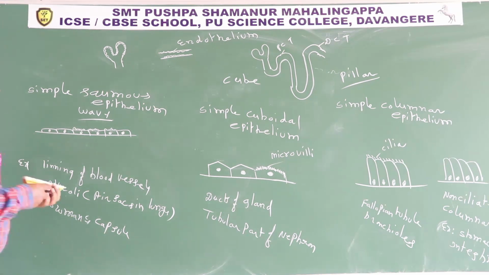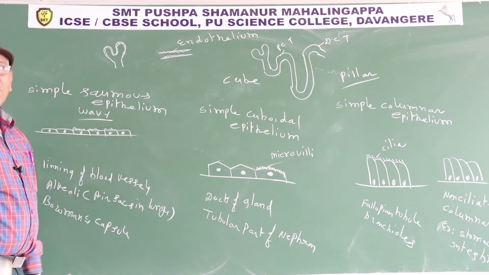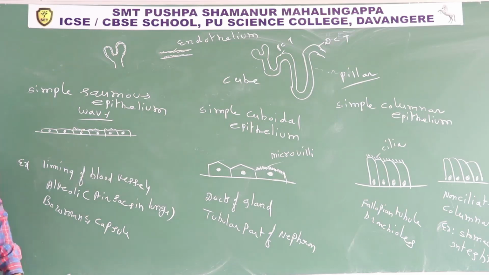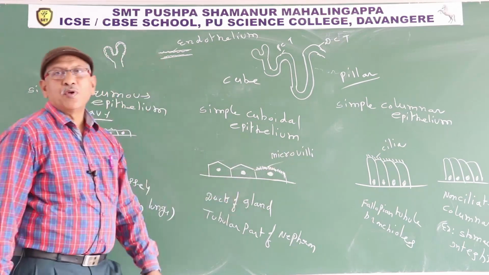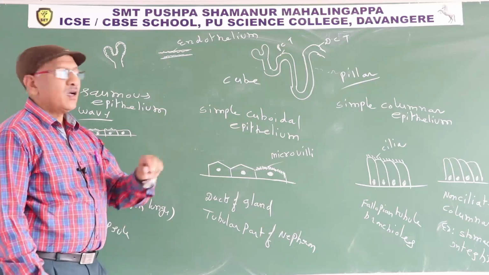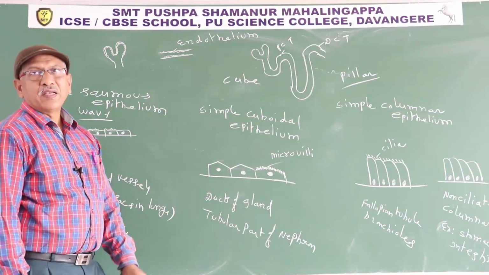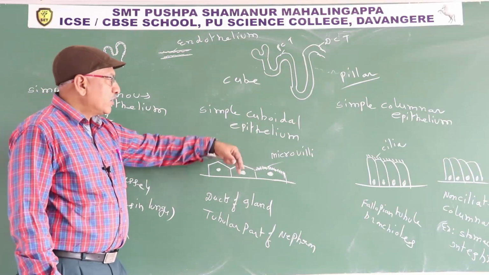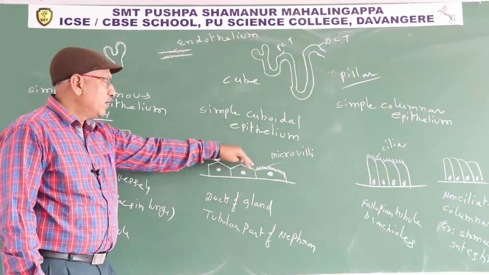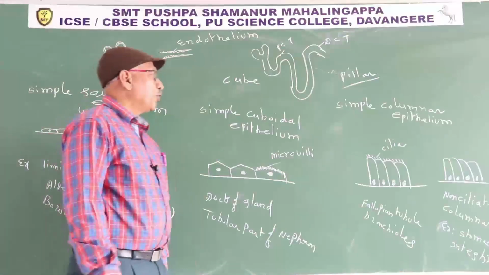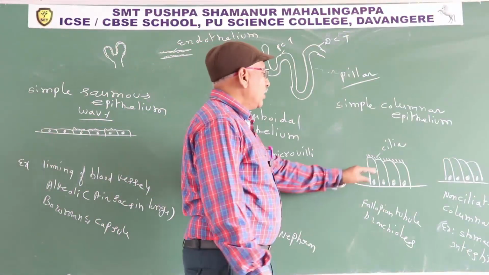Sometimes they may ask, write the function of simple squamous epithelium: diffusion. Function of simple cuboidal and simple columnar: secretion, absorption. The surrounding substances enter into the tissue, that is absorption, through simple cuboidal or simple columnar.